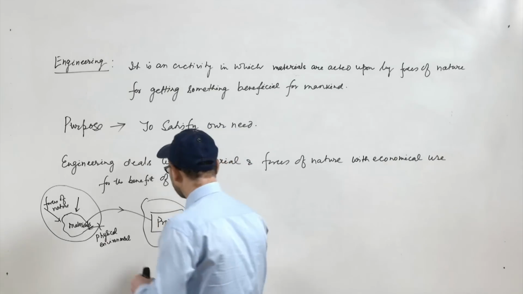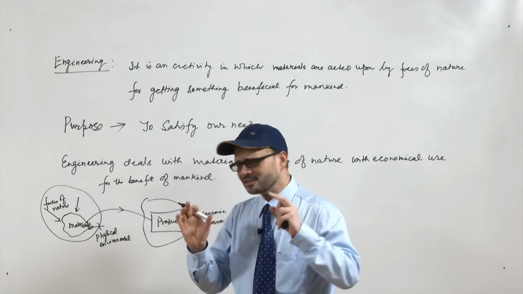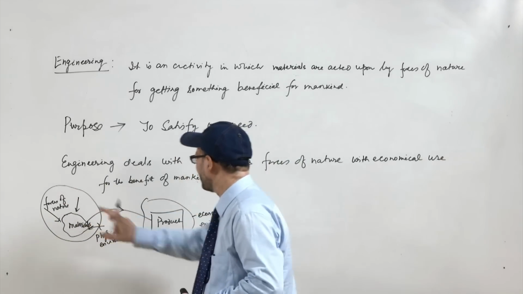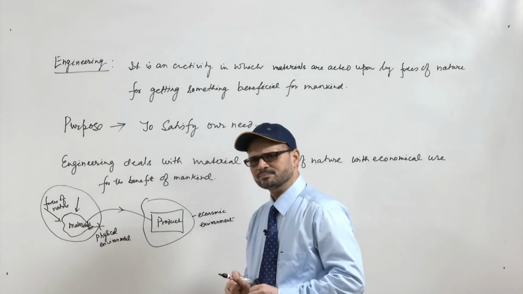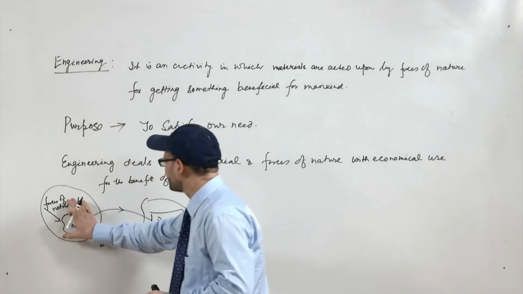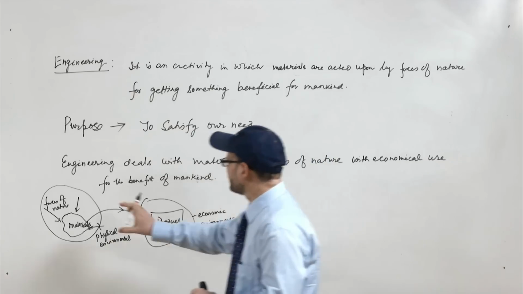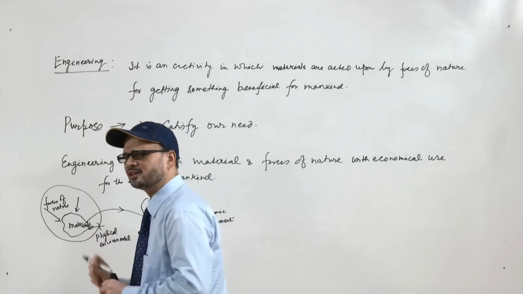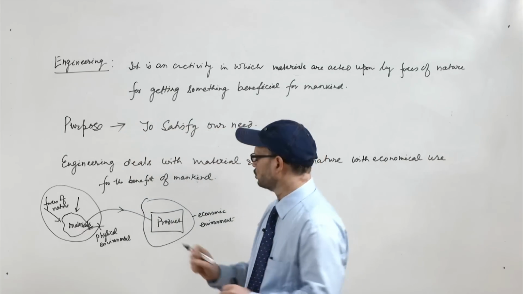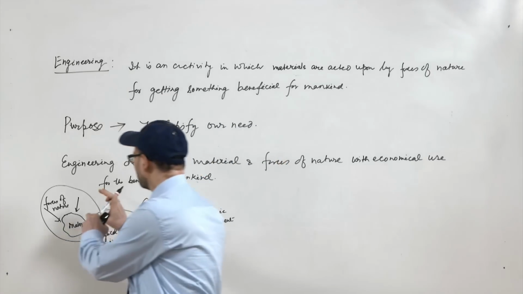So, basically the total environment consists of two environments, the physical environment and the economic environment. Physical environment, when you work on this, is expressed in terms of physical units. You apply certain forces, you use certain volumes.